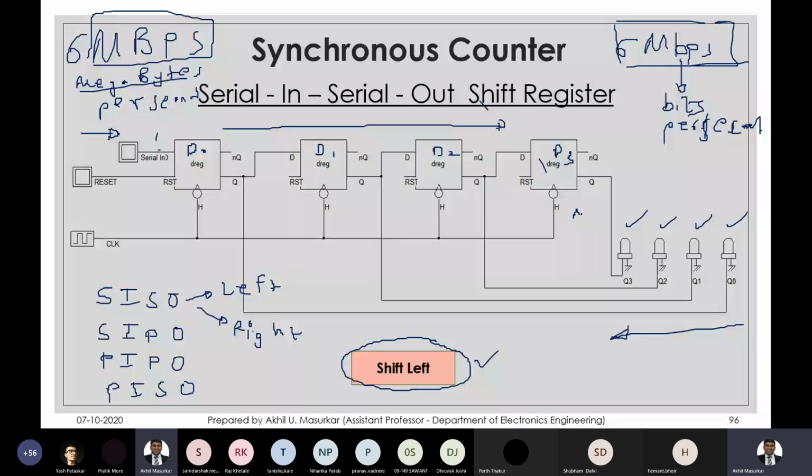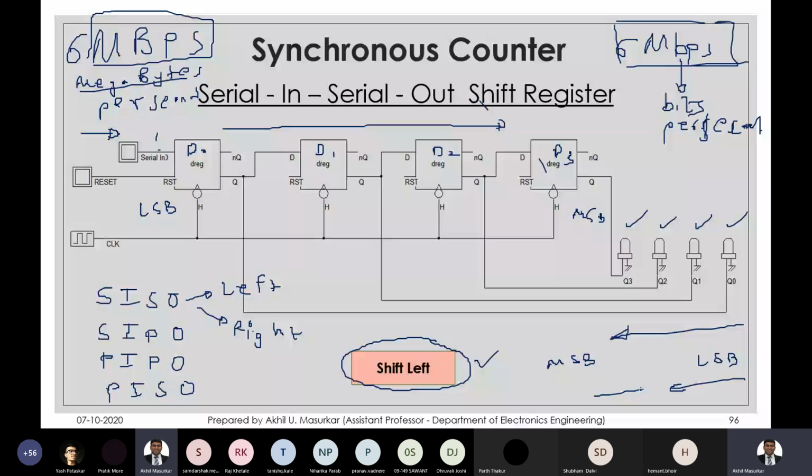Whenever we write the bits, we write MSB on this side and LSB on this side. And then we say, if this is a register and the bits move this way, it is a left shift. If the bits move this way, it is a right shift.